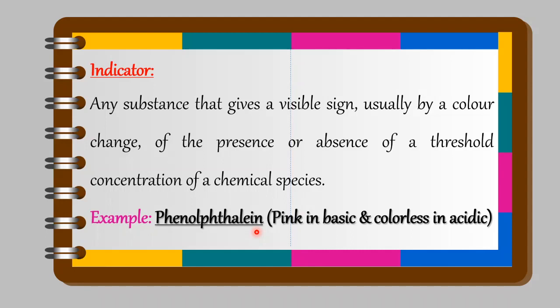Now as I add NaOH to it, NaOH will first react with the benzoic acid because it is present in a larger amount. The indicator will be used just a drop or two. Once the entire benzoic acid has reacted, the excess NaOH will react with the indicator, and now the indicator will show you a color change.